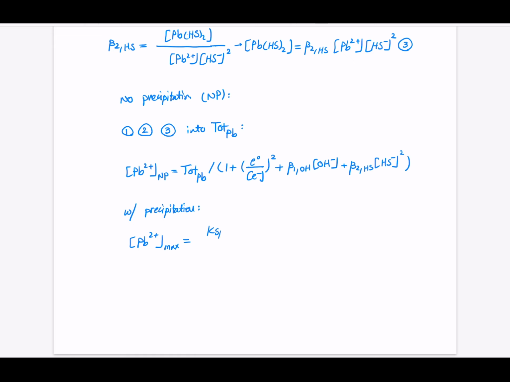Which would be Ksp divided by the precipitating agent, Se2 minus to the power of 2. Just 2 because we need two of them to form 1 mole of complex, or 1 mole of precipitate.